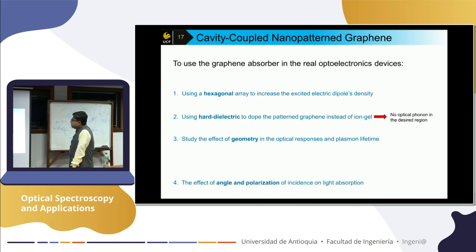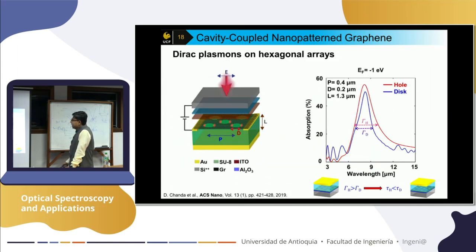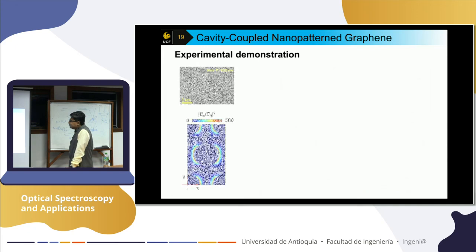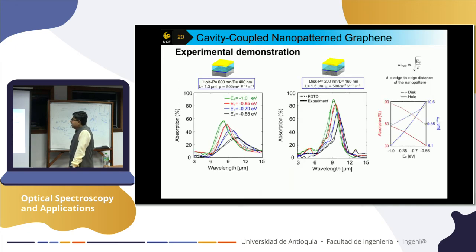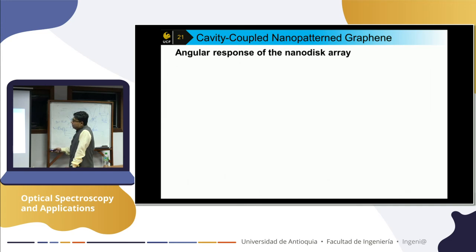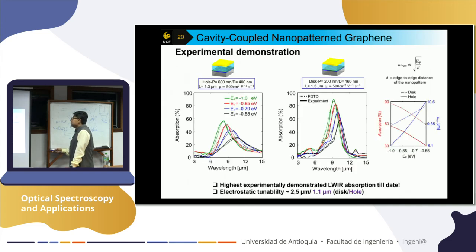So now the question is, I just have to pass through, then eventually showed you can go to 60%. And yesterday, again, just to show experimentally, nobody in the world ever showed that a graphene can absorb 60% of light.